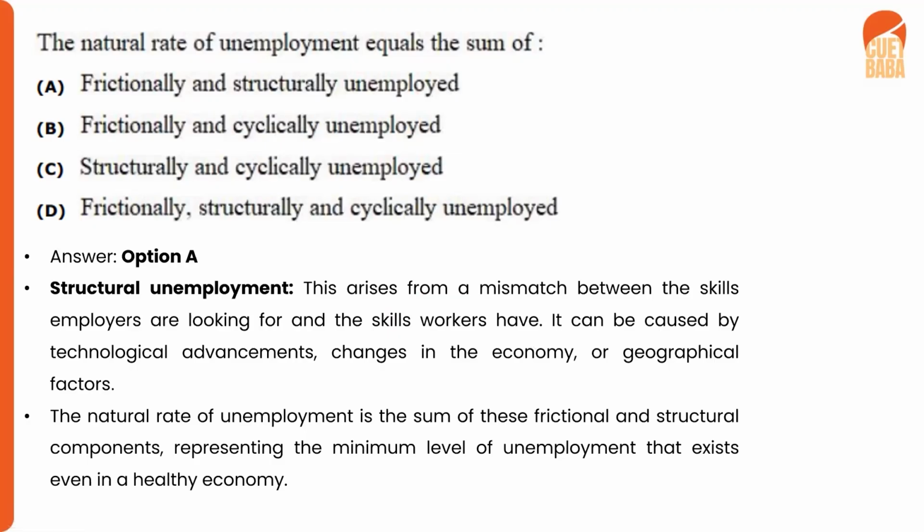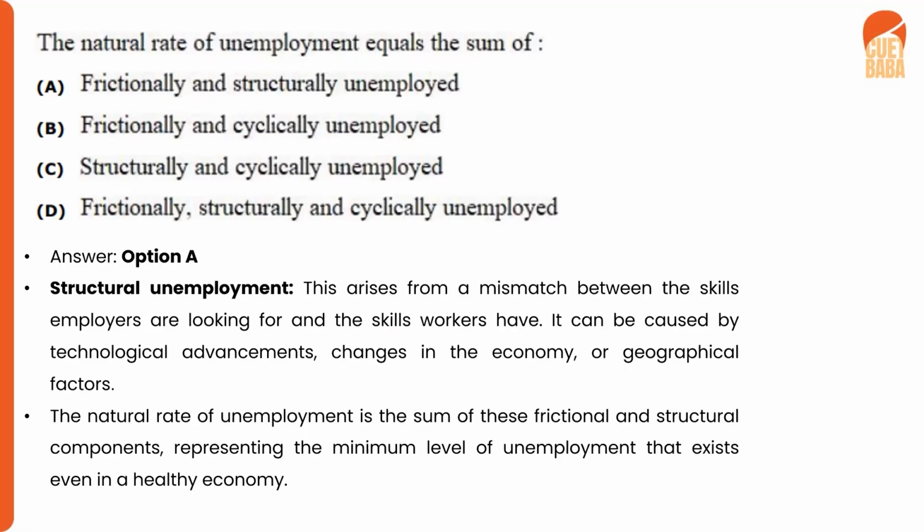Structural unemployment arises from the mismatch between the skills employers are looking for and the skills workers have. Whatever the worker is looking for, they are not getting it, or even the employer is not getting what they are looking for in an employee. That mismatch is structural unemployment, and it is caused by technological and other reasons.